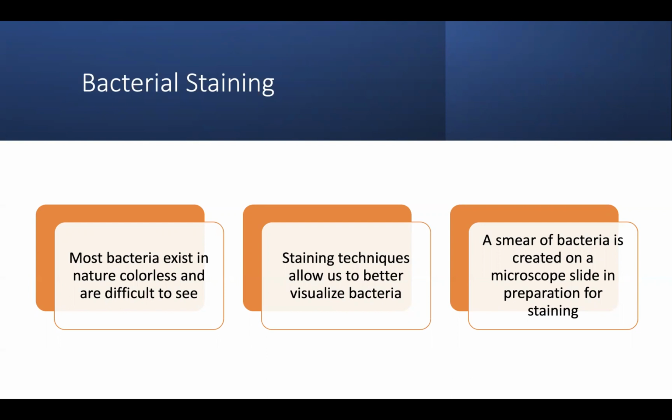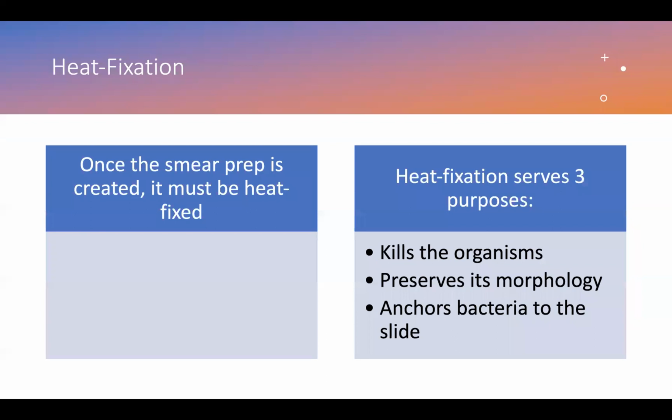And the broth is a liquid medium, like if you saw bacteria grown in a flask or a test tube, that might be your liquid broth. If it's on a plate, that Petri dish, that's our agar. So we grow up our bacteria, and then we have to extract some of it from whatever growth medium we had it on in order to create this smear prep.